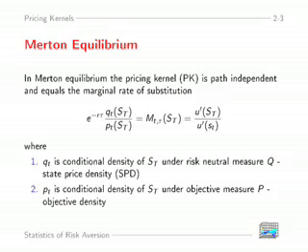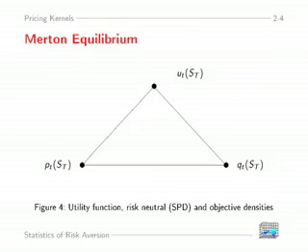So in this setup, these three objects are linked: the risk preferences from the investor, the state price density or the conditional density of the asset under the risk neutral measure, and the objective density. So that's exactly the strategy that Ait-Sahalia and Lo used to obtain some information on the risk preferences from the investor, doing some inference on the risk neutral and objective density.